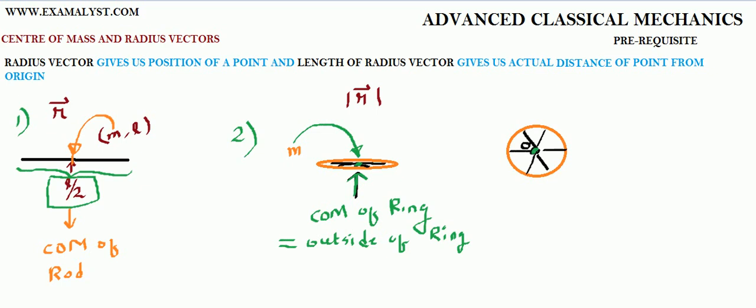So center of mass is the place where the entire mass can be thought of as concentrated, or the place at which you can actually balance the entire system. Agreed?